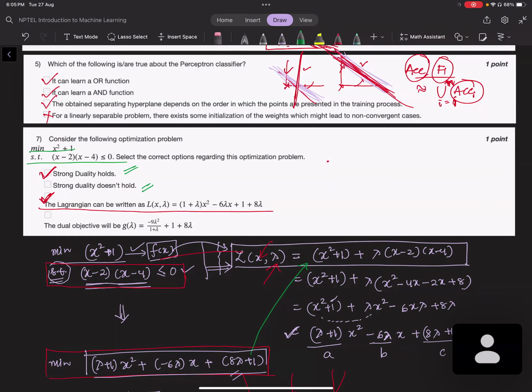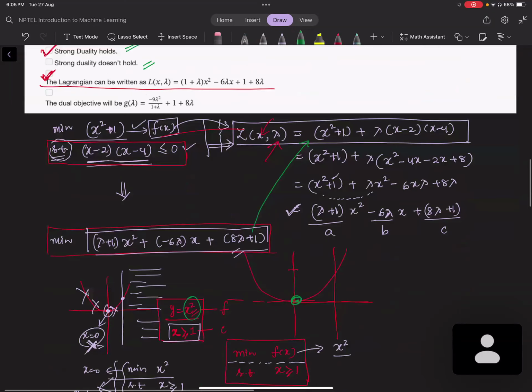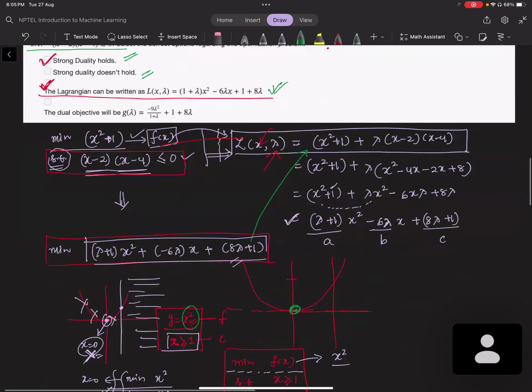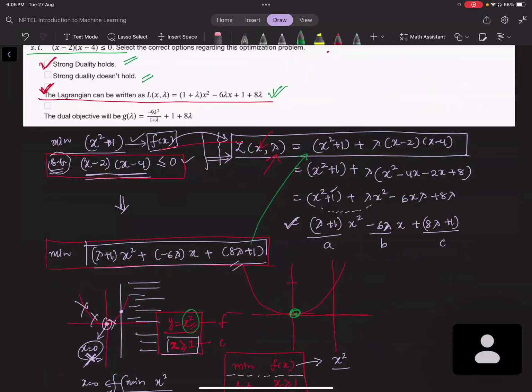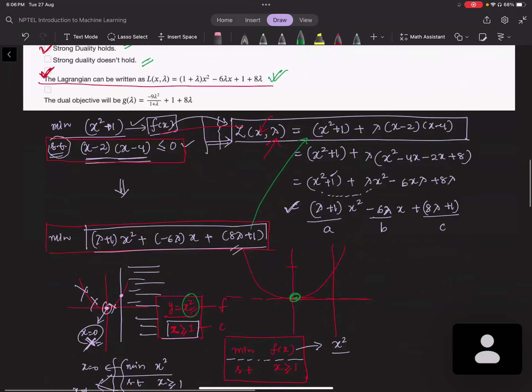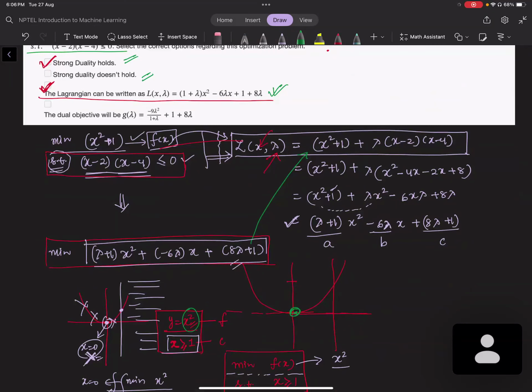When the constraints are difficult to handle, we apply the Lagrangian, and we found the Lagrangian as this one. We derived it here. So option C was correct.